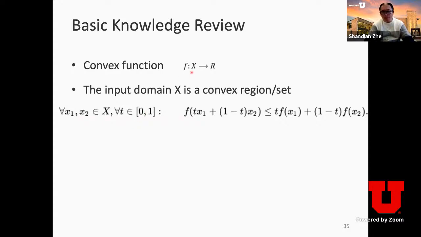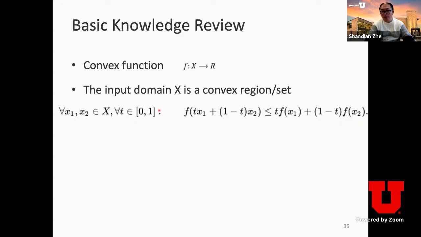For a convex function, the input domain must be a convex set, as we just mentioned. The output domain is real numbers. And we require that for any two inputs from this domain, and any coefficient t which belongs to 0 and 1, the function value at the linear combination of these two points is less than or equal to the linear combination of the function values at these two points.